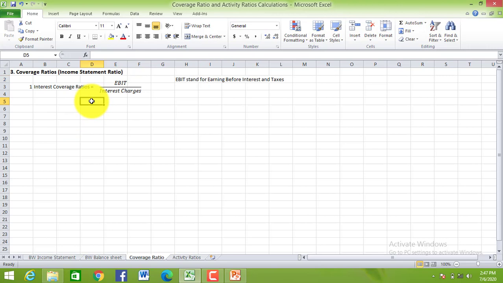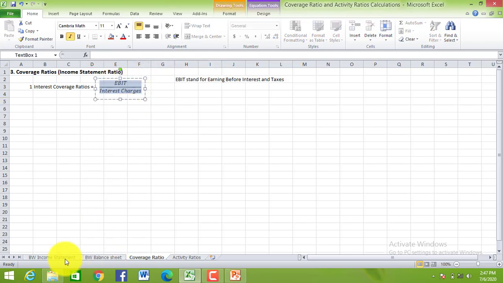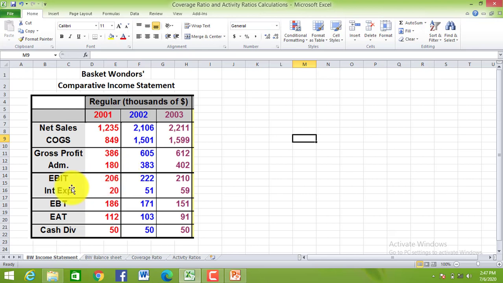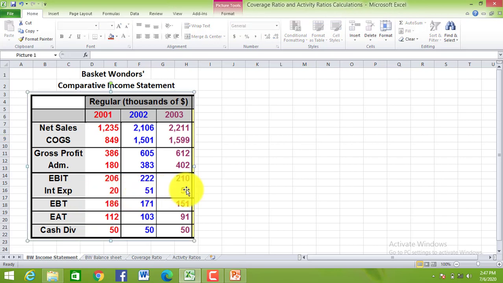So we will just calculate it over here. First of all, we need EBIT and interest charges, which are available in the income statement. This is EBIT: 206, 222 and 210 for 2003. And this is interest expense: $20, $51 and $59.